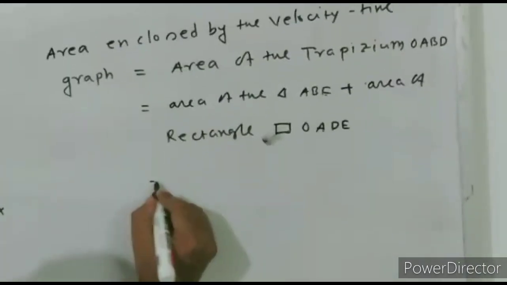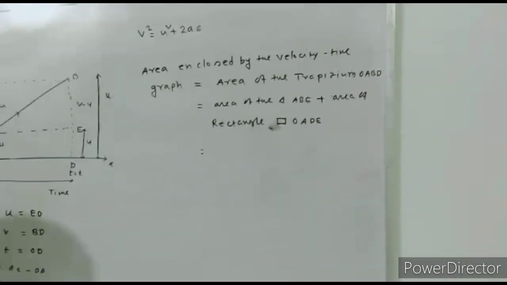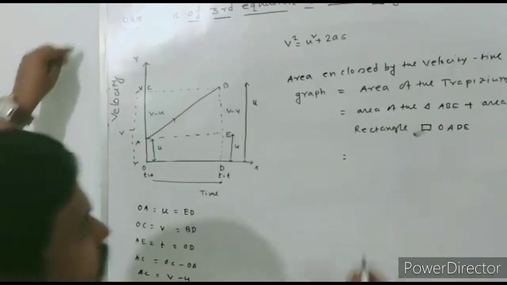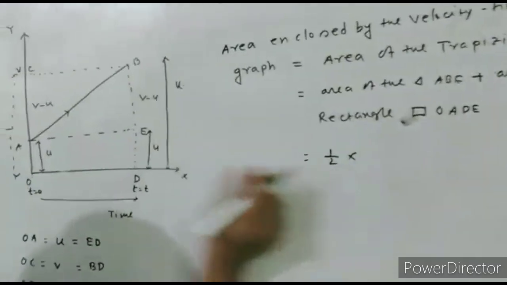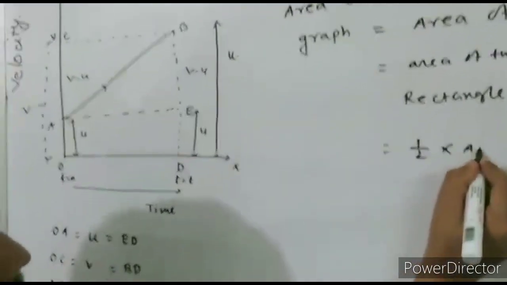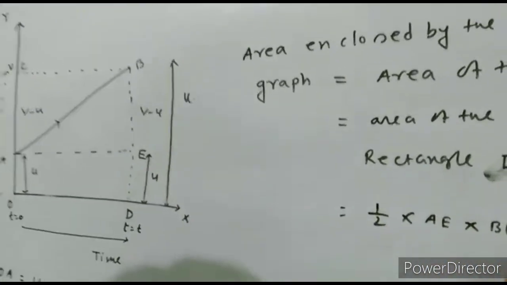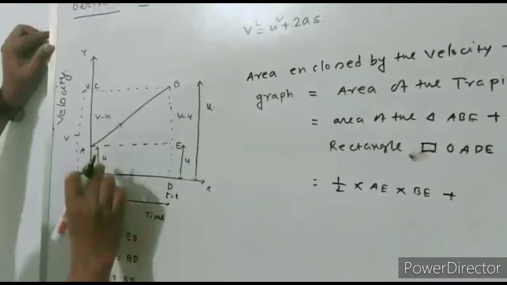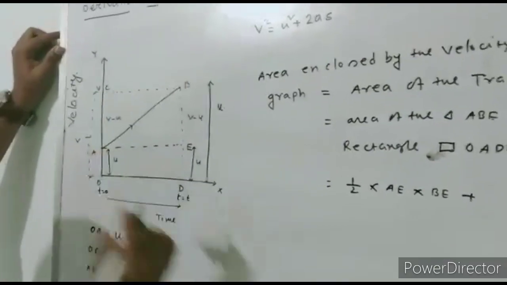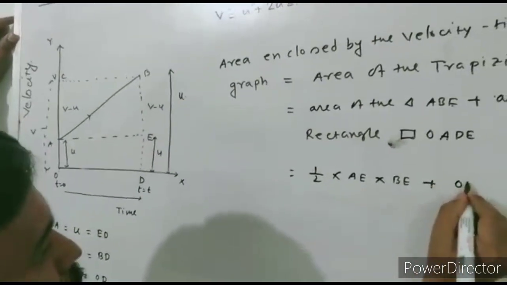The area of the triangle is half into base into height, where base is AE and height is BE, plus the area of the rectangle, which is length into breadth, that is OD into OA.